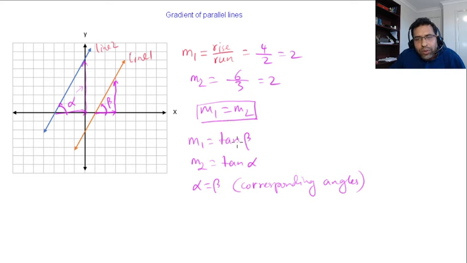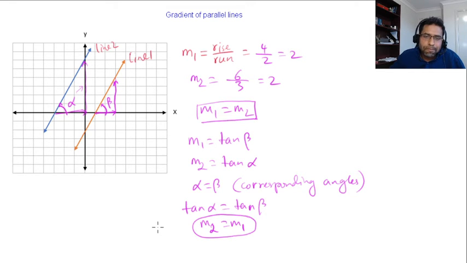And if alpha and beta are equal, tan alpha and tan beta will be equal, right? So if tan alpha equals tan beta, I can straight away write down m2 equals m1, because we know tan alpha is m2. So we can see that m2 equals m1 for parallel lines.